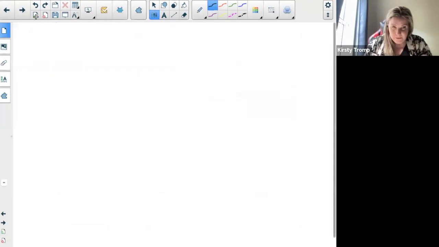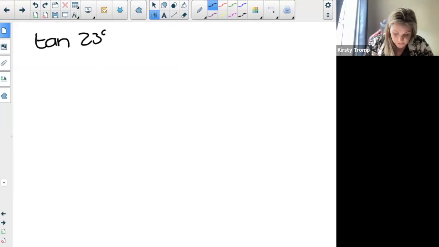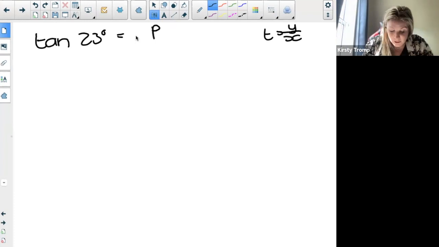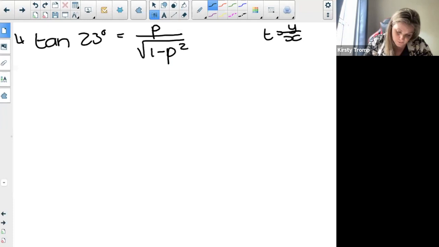So now, if I want the tan of 23 degrees, I tell myself, shade your rear, cos x rays, tan your exterior, so y over x. So it's p over, we just calculated x as being the square root of 1 minus p squared. Done. Then that's 4.1.1.